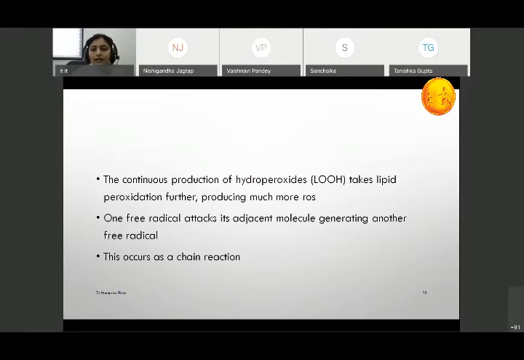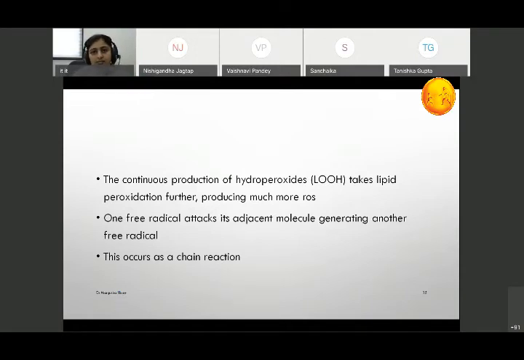One free radical attacks its adjacent molecule, generating another free radical. What happens here is, a free radical has an unpaired electron, so it has a tendency to gain or lose an electron.